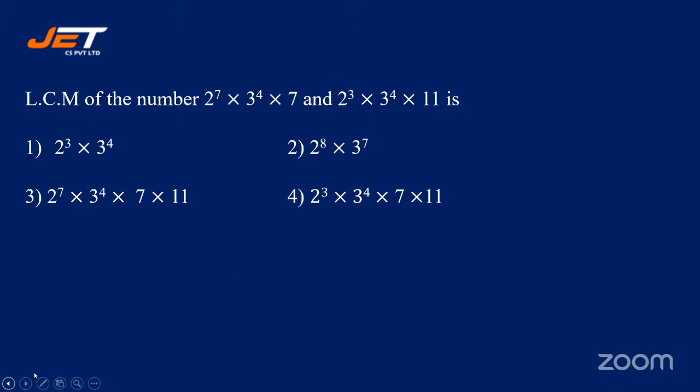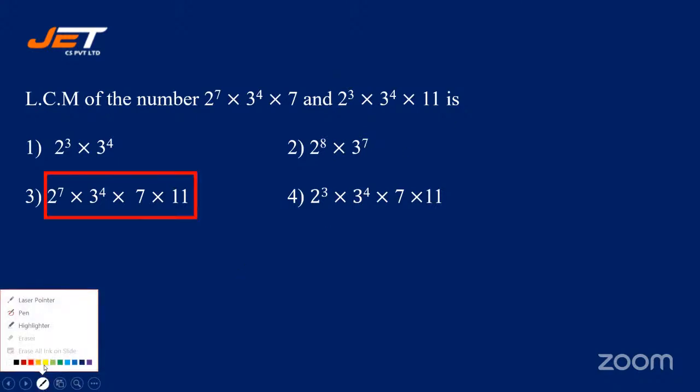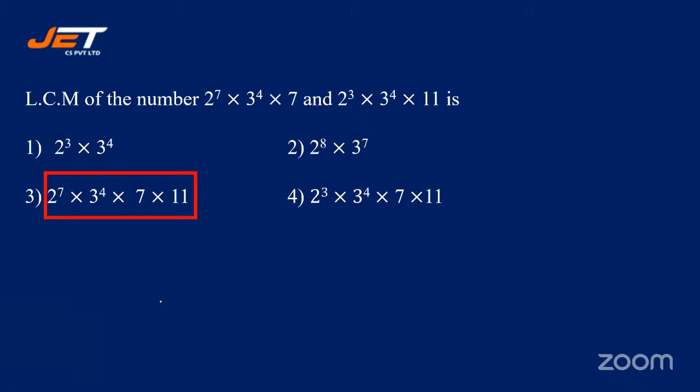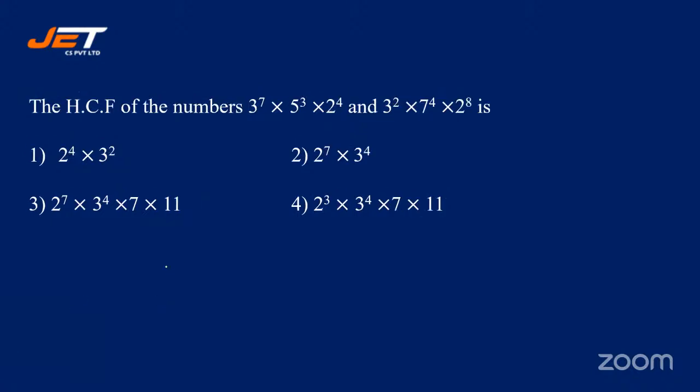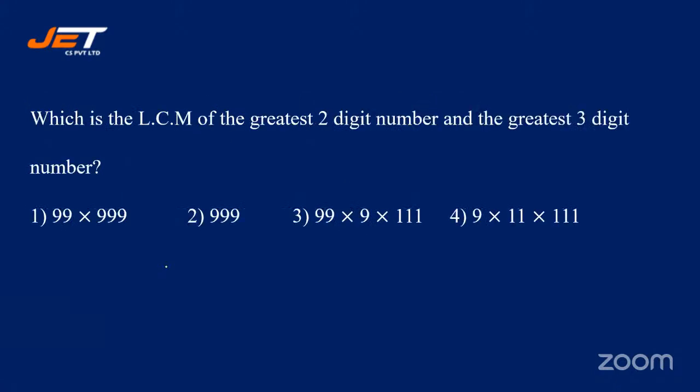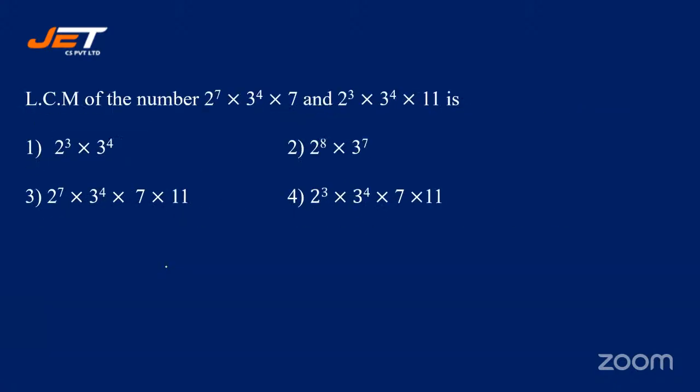So usually how do we write here? So here you have 2 power 7 into 3 power 4 into 7. Next you have 2 cube into 3 power 4 into 11.